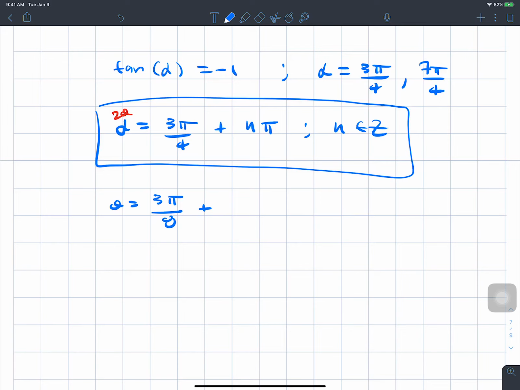We can say theta is 3 pi over 8 plus some additional angles. When n is 1, this is when n is 0. When n is 1, we get 7 pi. So let's do that. This is going to be plus that n pi.